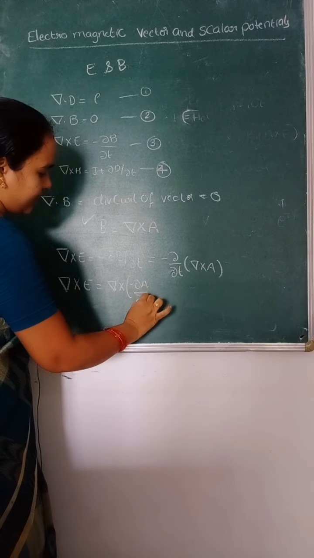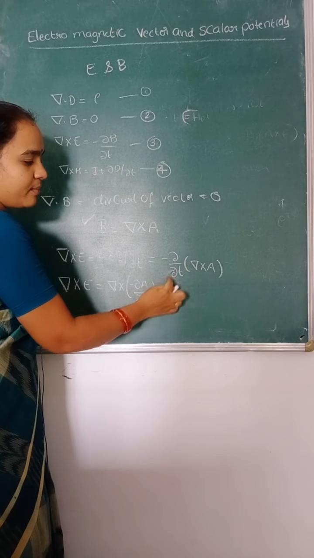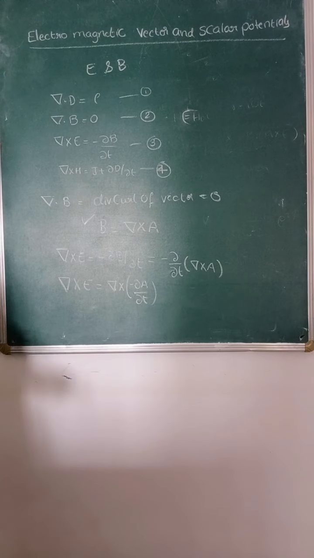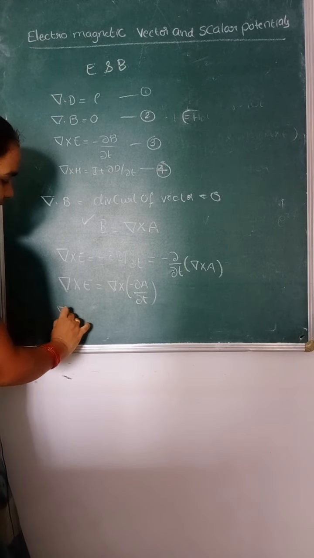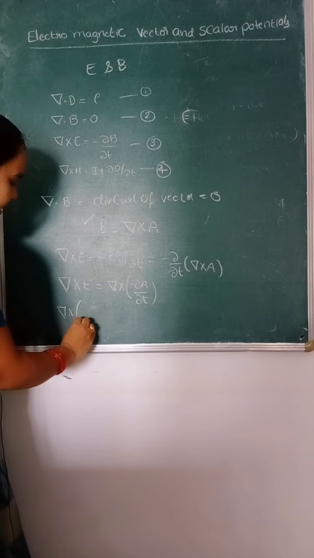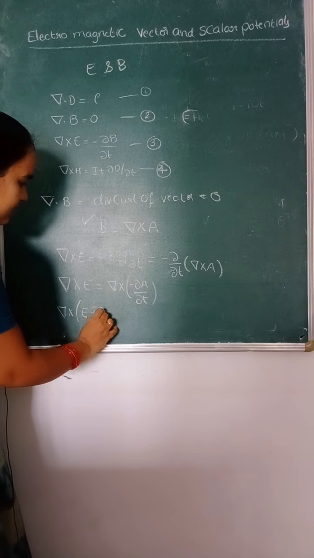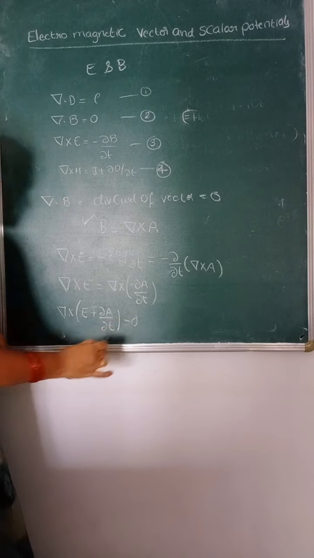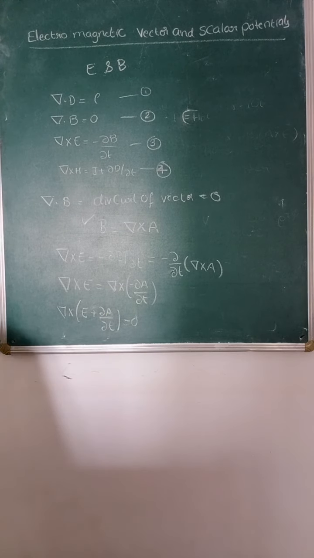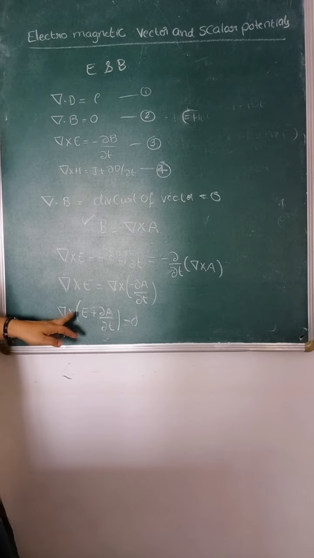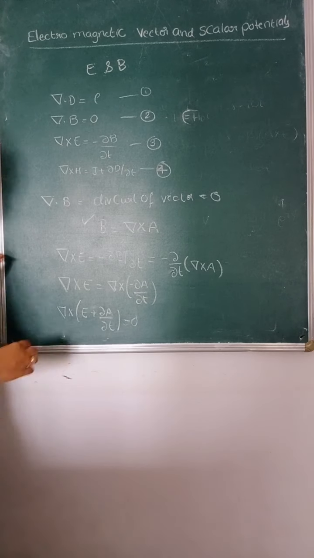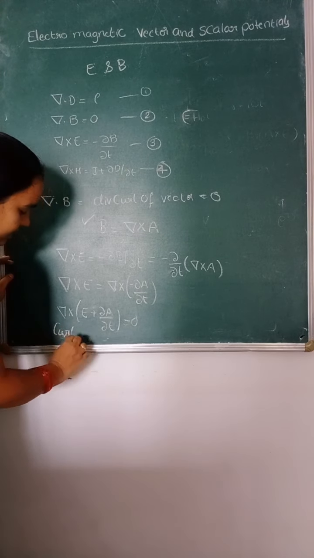Del is a differential operator, and these two operators are interchangeable, so we can write the equation like that. Then del cross E plus dou A by dou t is equal to 0, or curl of E plus dou A by dou t is equal to 0. Del cross is also called curl.